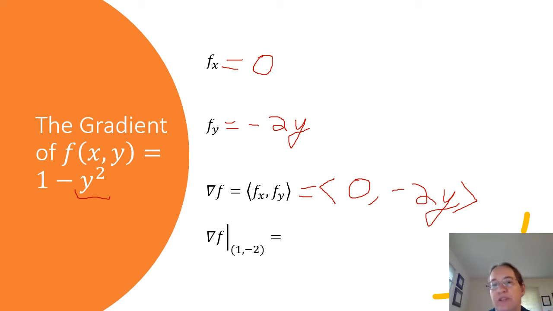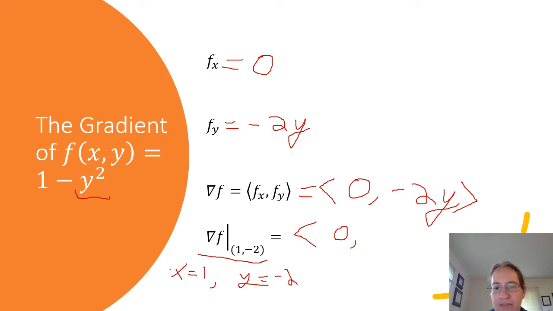Sometimes you need to know what's the gradient at a specific point. So in that case, I'll use notation like this. This says compute the gradient and then plug in 1 for x and -2 for y. All right, so it's still going to be a vector or list thing. Okay, so I plug in 1 for every x. There are none, but whatever.